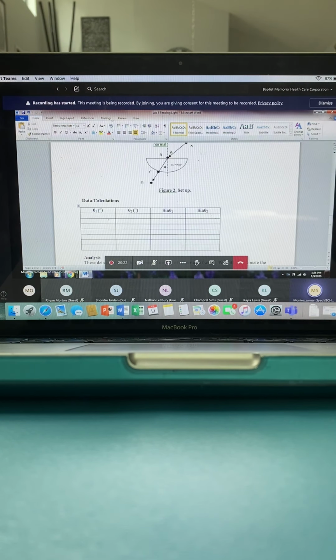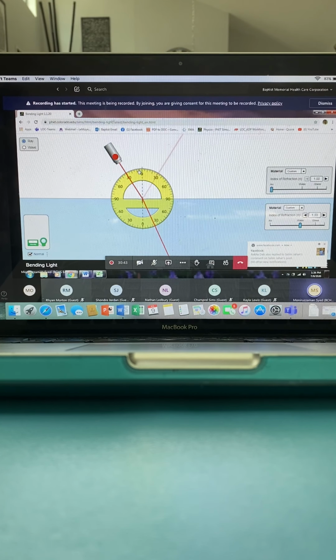So approximately 30 degrees, this is the angle of, what is that? What is this angle about? Incident angle. Incident, correct. And what is this angle about? Refraction. Yes, angle of refraction. So angle of incidence here, angle of refraction here.